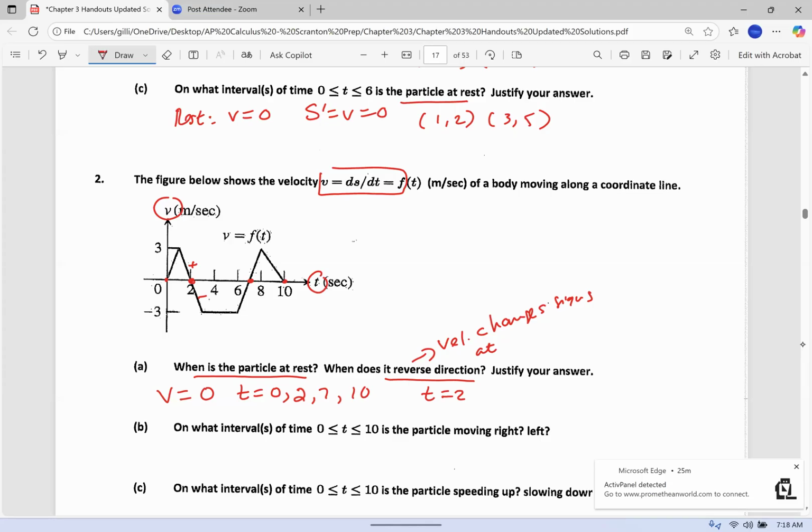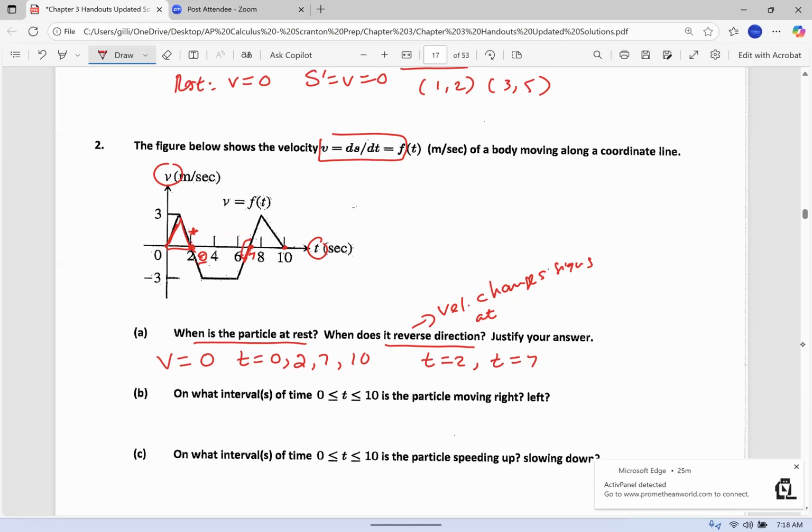And then velocity also changes signs at time t equals 7. So you have to be careful here because the graph of velocity is given. From here to here, the graph of velocity is all positive, but then it switches from positive to negative at time t equals 2. And then over here at 7, the graph of velocity changes from negative to positive. So that's where the particle is reversing direction.